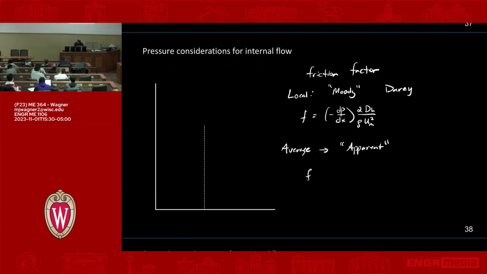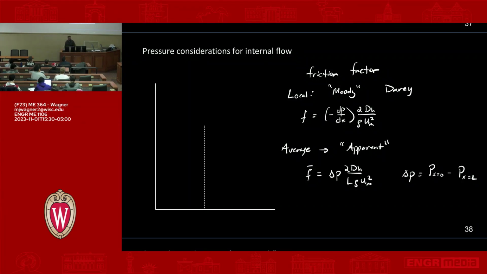It's given as F bar equals delta P times 2 d_H over L rho u_m squared, where delta P is the pressure at x equals 0 minus the pressure at x equals L, over the full length of the pipe. So we can get F from a correlation, and then solve for dP/dx. For the apparent one, you need the pressures at the inlet and outlet, or the delta P, and then you can relate that to the average friction factor.